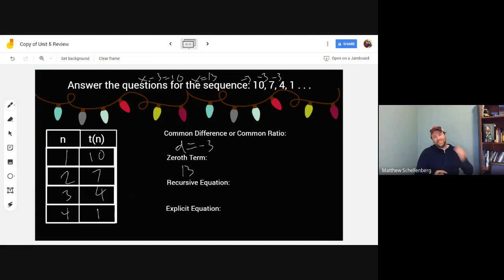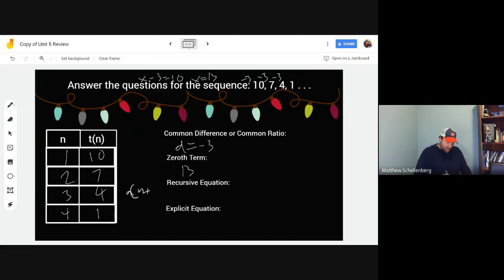Now come the equations. And this is where I lose a lot of you guys, but please pay attention. Pause it if you have to. Listen to it many times. Slow it down, but listen up. The recursive equation is always, I'll give you the generic version and then the one specific to our problem. The way the book does it, they always do the next term.